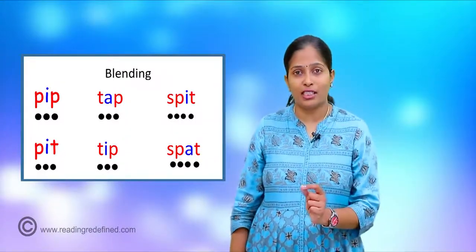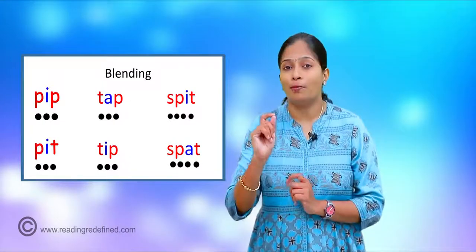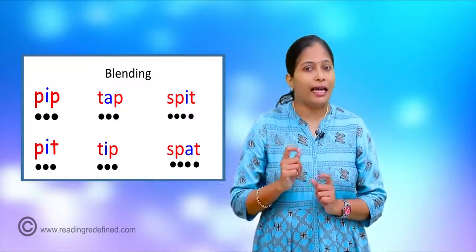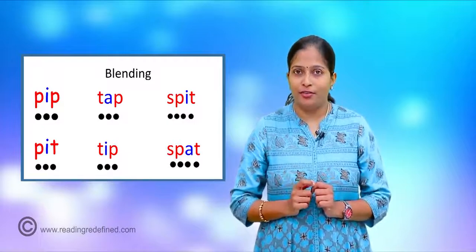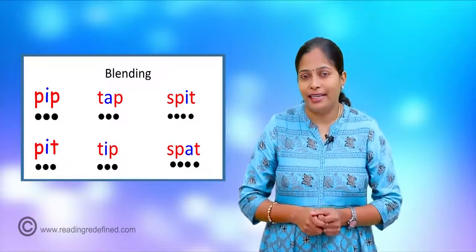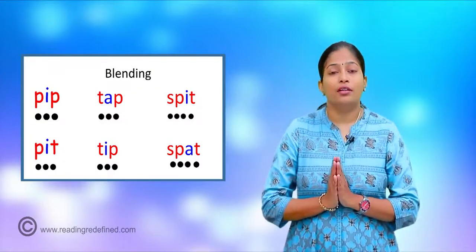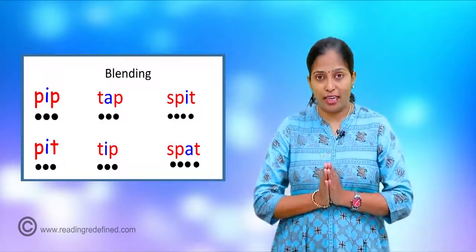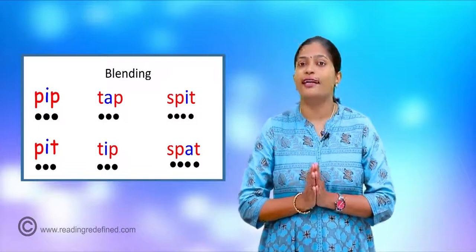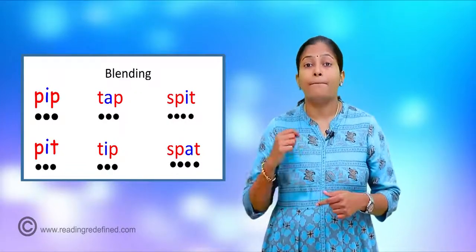So in the activity corner, I will be adding another video of the hopscotch game that can be played with children to help them to learn the concept of blending and to learn the concept of segmenting. So now pause the video and try to blend all the words that you can see on the screen to practice.